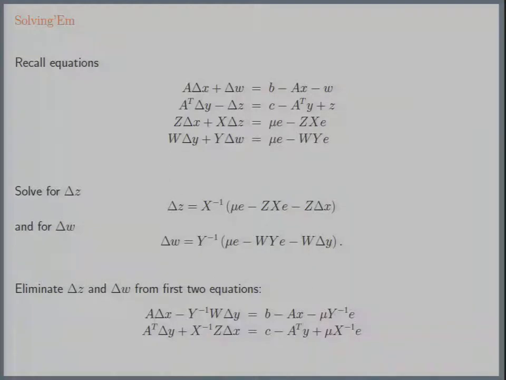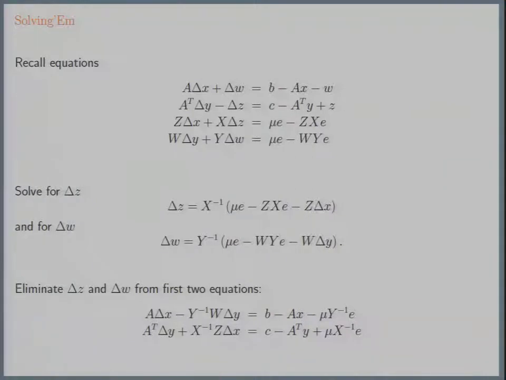We still have a minus A XZ inverse A transpose delta y on the left. That's this times this. We also have a minus Y inverse W delta y, and that's going to be equal to rho minus A XZ inverse times sigma.